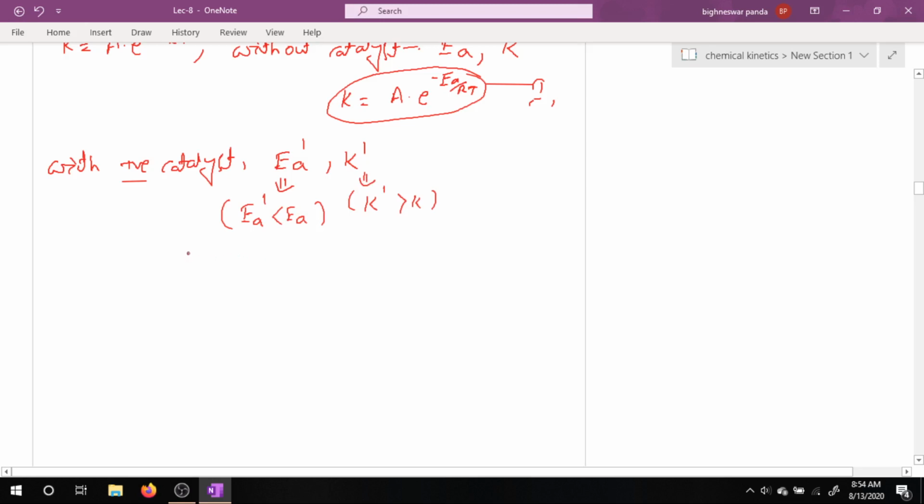So the new rate constant equation will be K dash is equal to A into e to the power minus Ea dash by RT.